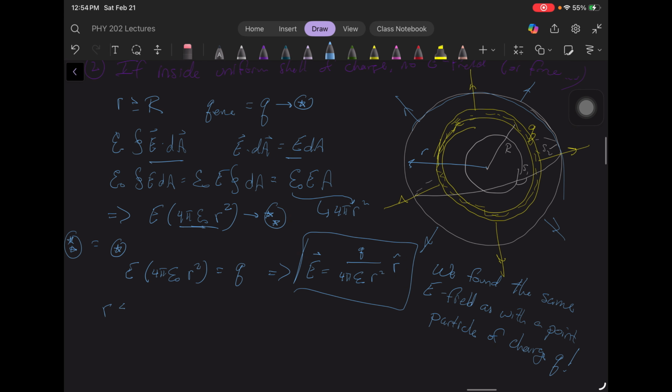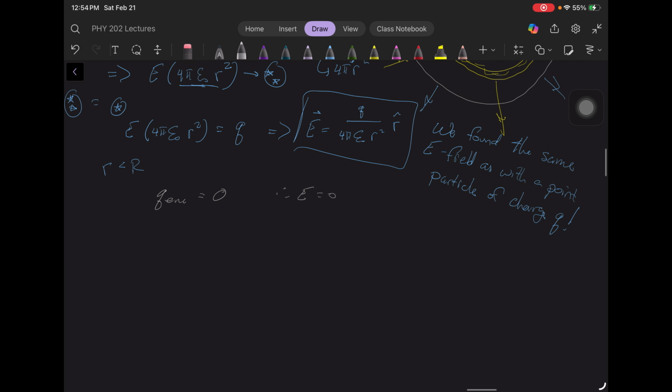r is less than big R. And so we're going to look at S1. Let's say S1 is this surface here. Well, Q enclosed is 0. So therefore the electric field is 0. Right?